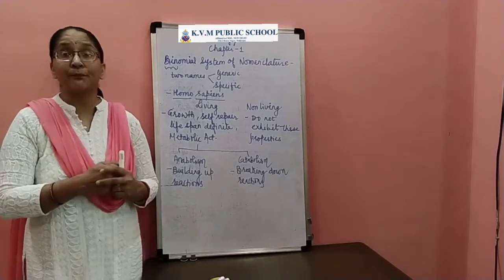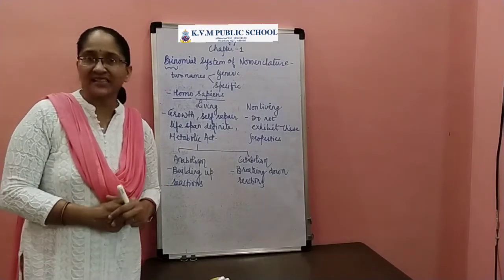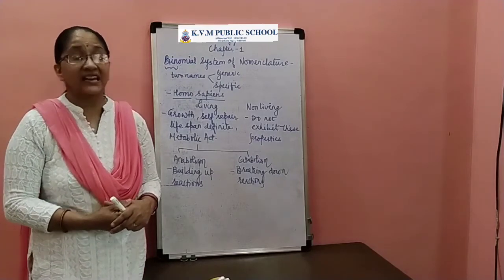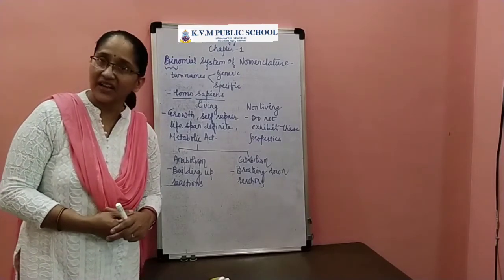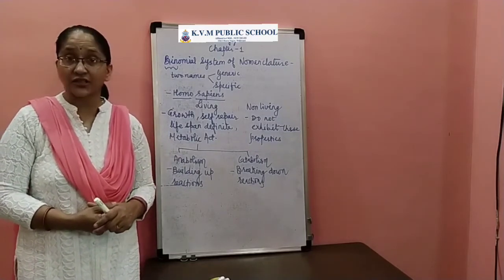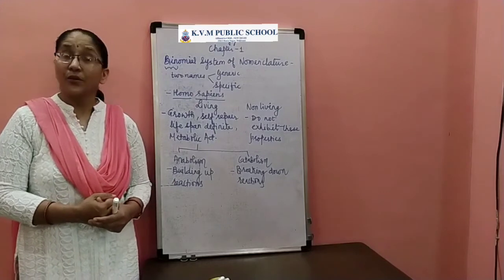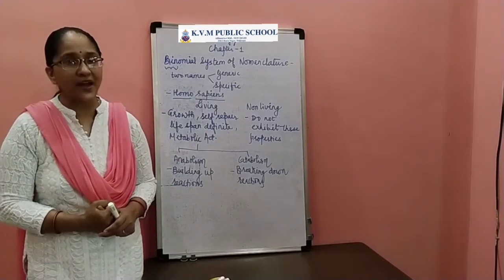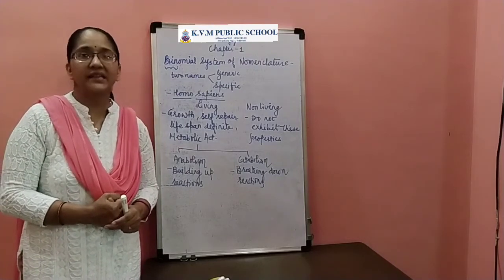So these are the basic criteria on the basis of which we can study organisms and differentiate them as living and non-living. In this module, we had a detailed discussion on the characteristics which differentiate the living from the non-living. The remaining part of the chapter will be dealt with in the next module.